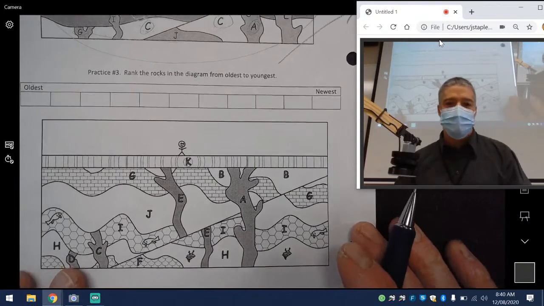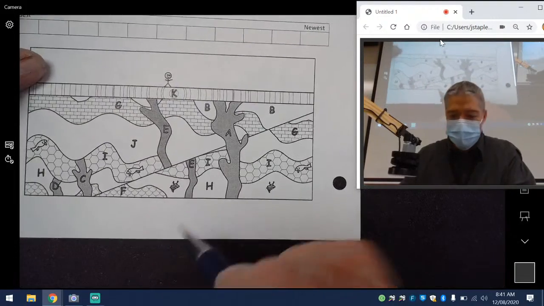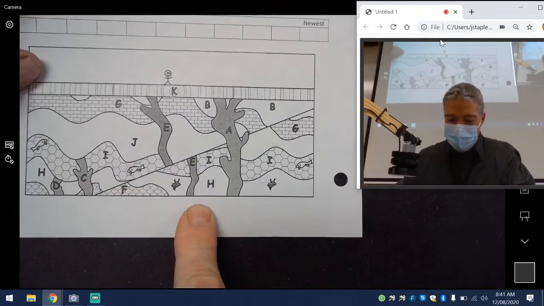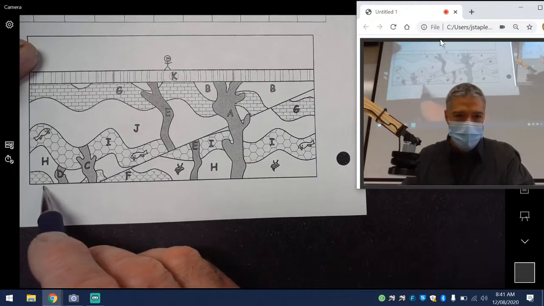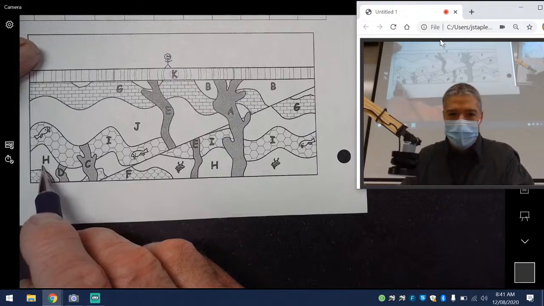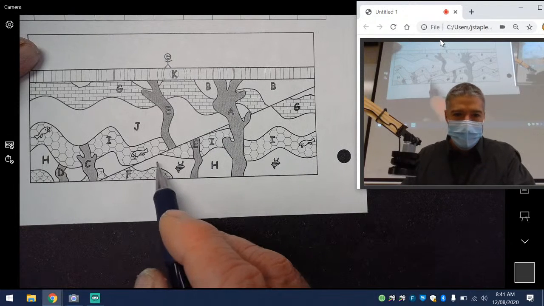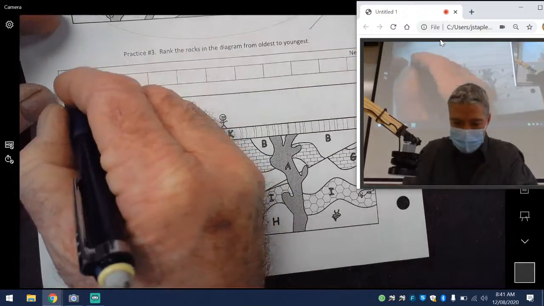I'll check. All right, so I'm going to start from the very lowest thing, and the lowest thing I can find in here is this fish scale looking pattern. It's right there. There's no letter here, but it's the layer below H, and I can see over on the right that the layer below H is F. So F is the lowest thing.